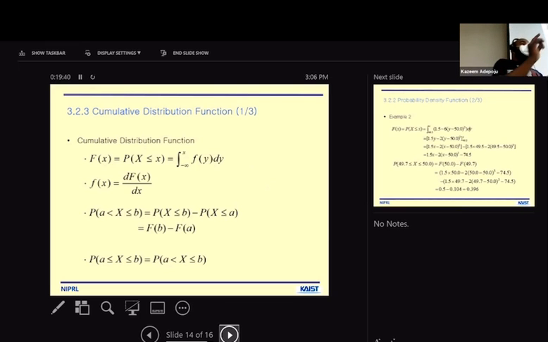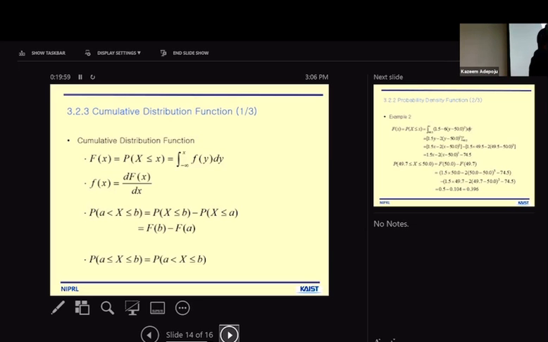Pay attention to the board. When I'm talking about PDF, probability density function, that's a lowercase f. If I'm talking about CDF, cumulative distribution function, that's an uppercase F.